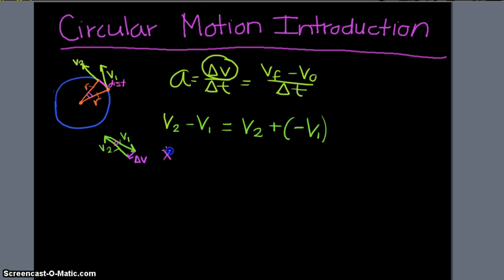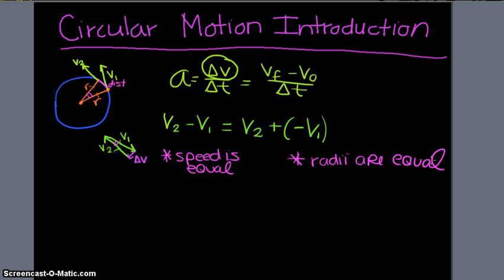So in the one triangle, speed is equal. This V1 and this V2 are equal. And in the second isosceles triangle, the radii are equal. And that's kind of neat, because maybe we can use this to our advantage and look at these values that are similar.